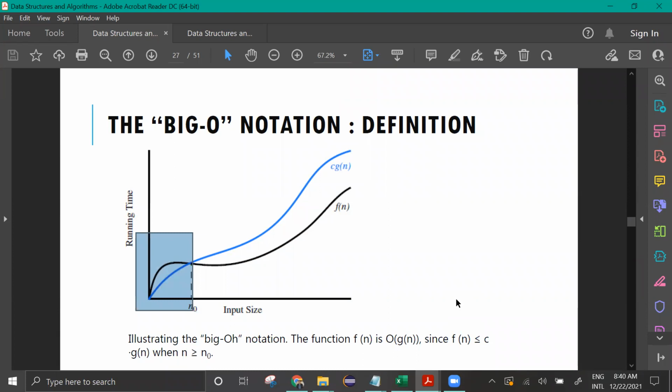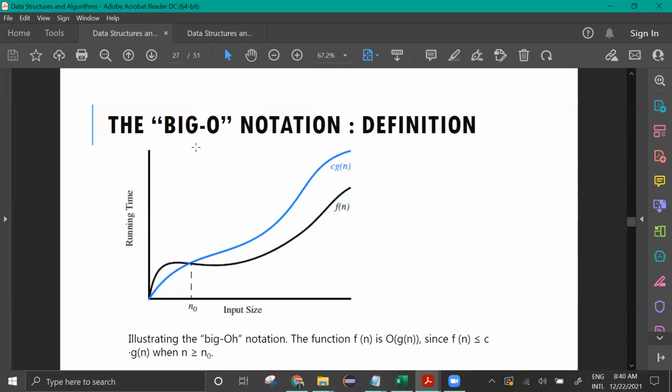above the f(n) always. So g(n) could sometimes be lower than f(n). It could be, right?